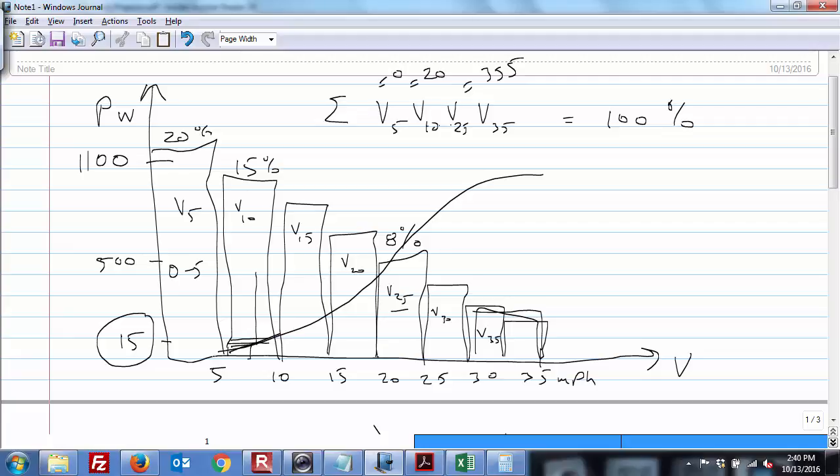So, in order to calculate the full performance of this wind turbine at this location, you just need to know what the wind is doing. Again, these little V blocks are what the wind looks like in your particular location. And then you just need to know what the performance curve of the turbine is: how many watts come out for a given velocity. So what we just did, we multiplied these two curves by each other.